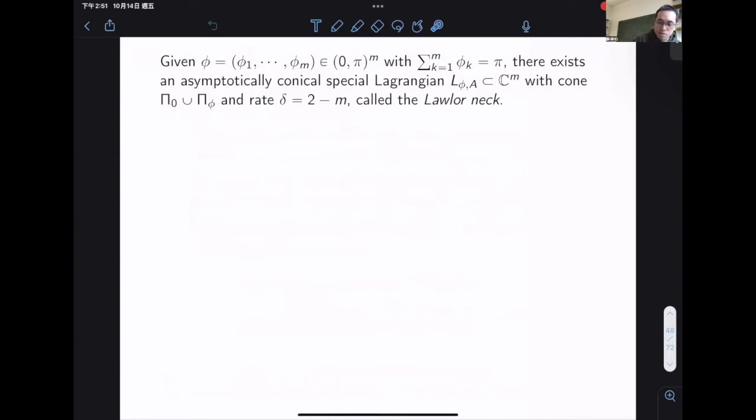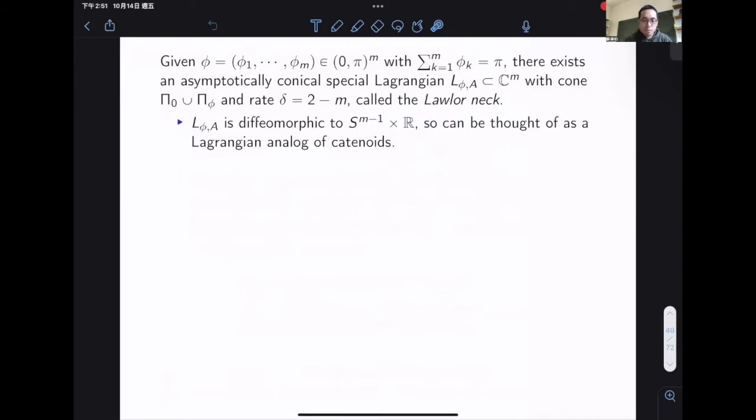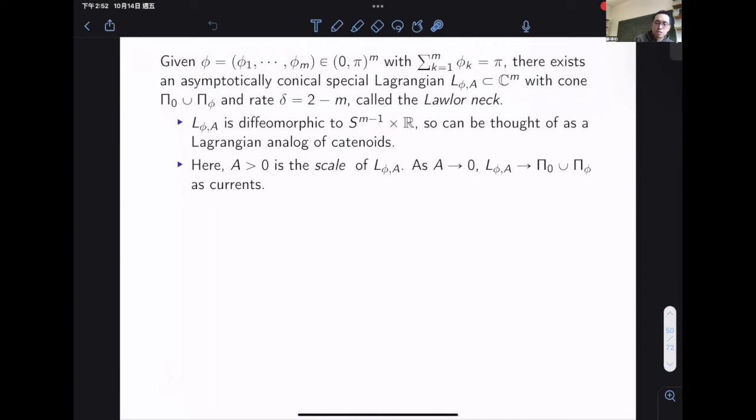This kind of asymptotically conical special Lagrangian is called the Lawlor neck. The Lawlor neck is diffeomorphic to S^{n-1} × R. So it's kind of a neck or a cylindrical thing. It can be thought of as a Lagrangian analog of the catenoid. Here, this capital A is a positive number, the scale of this Lawlor neck.